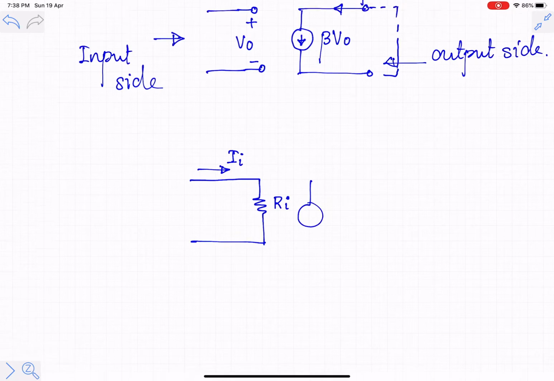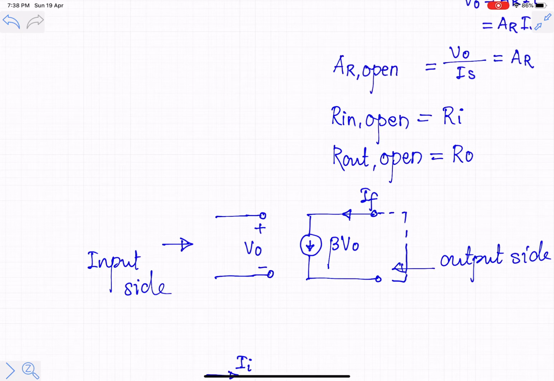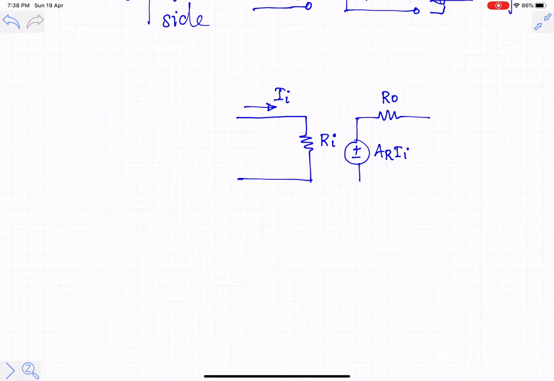The output side of the feed forward amplifier we have the output voltage, so it is plus minus AR into Ii, output impedance Ro. Now the input is a current, so this is Is.